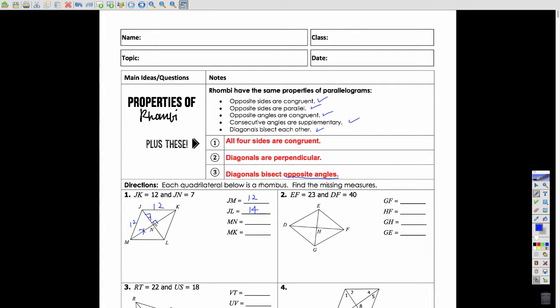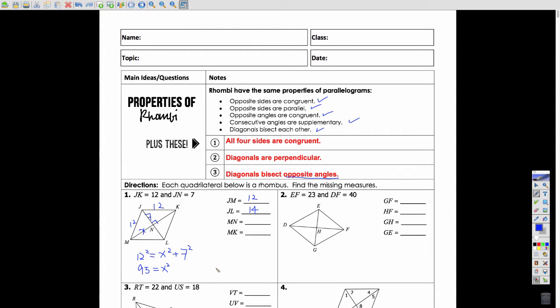I don't know MN, but because I have a right triangle here, I've got a Pythagorean theorem going on here. So if I set it up as x squared plus 7 squared equals 12 squared, I should have 95 equals x squared.